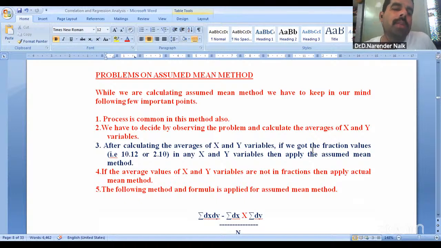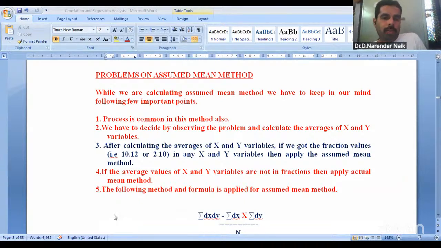So the process is common in this method also.